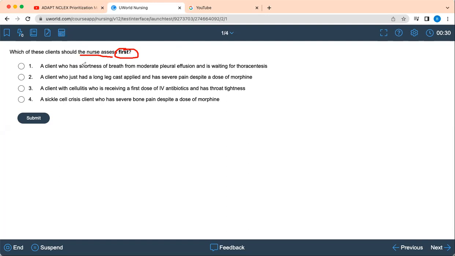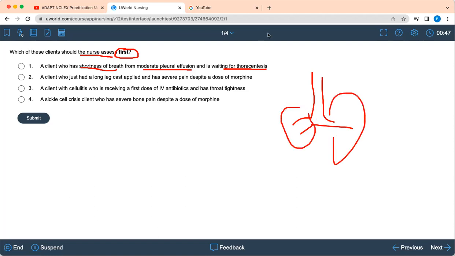So a client who has shortness of breath from a moderate pleural effusion is waiting for thoracentesis. As I told you, you have your tubes going into your lung, and when you have fluid around your lungs, it can push on your lung and prevent your lungs from expanding.